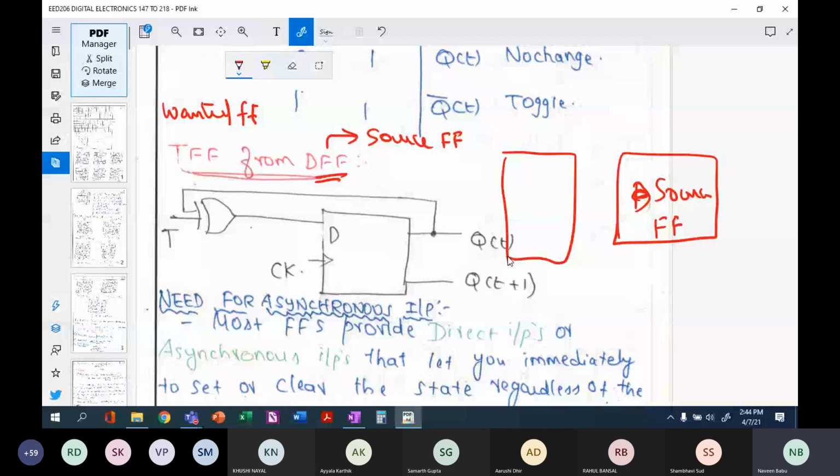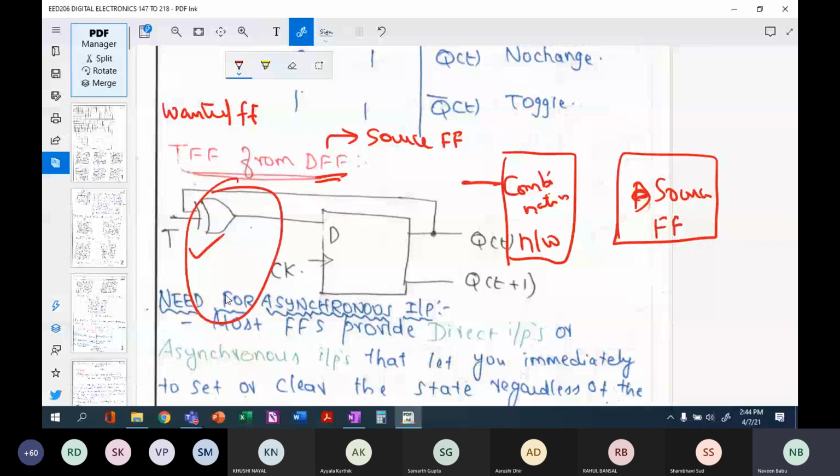Here we are having just a single gate. At times you might have a combination of gates also here, an AND gate, OR gate, NOR gate, XOR gate, any combination you can have here. So I will be having a combinational network here, and obviously there will be inputs to this combinational network, and the output of this combinational network is fed back to my flip-flop.